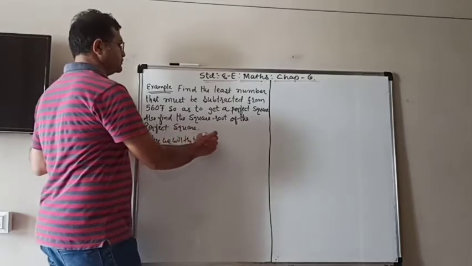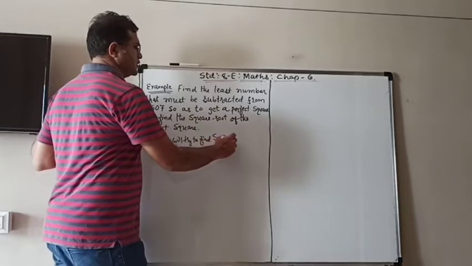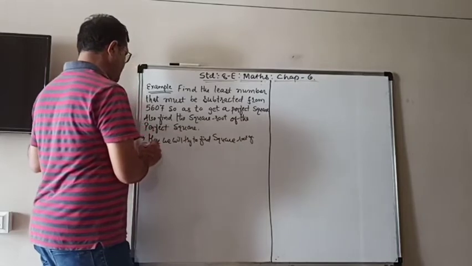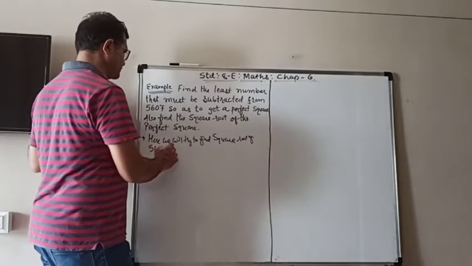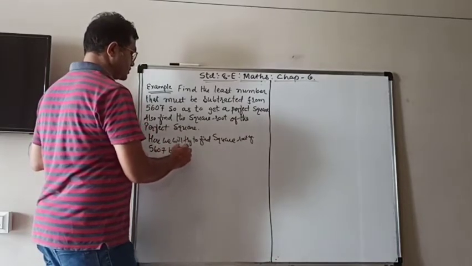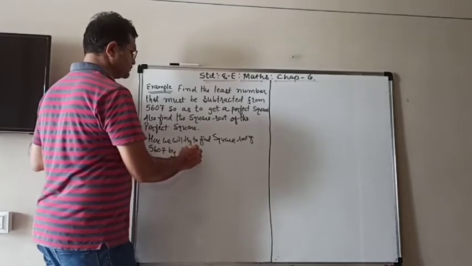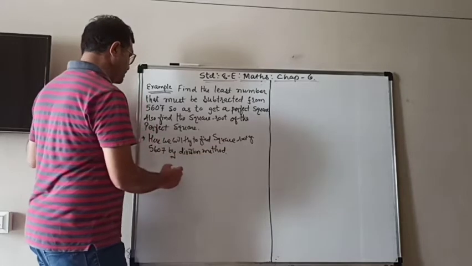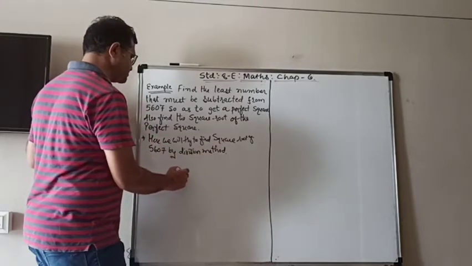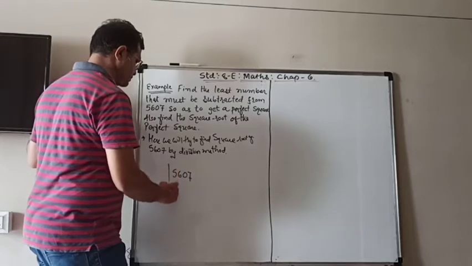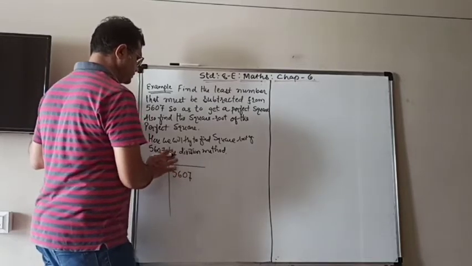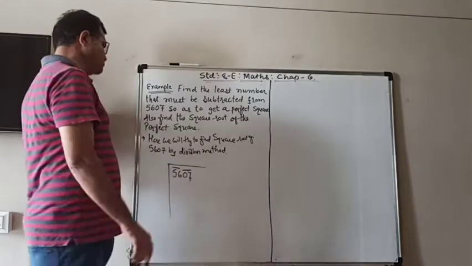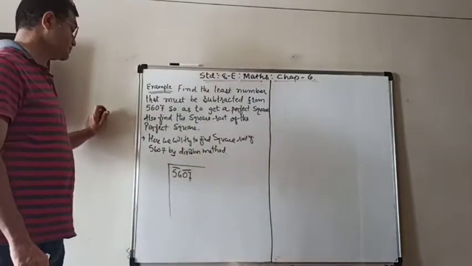So here we will try to find the square root of 5607 by the division method. So now we write down 5607, and as I explained, from the ones digit we have to make the pairs.